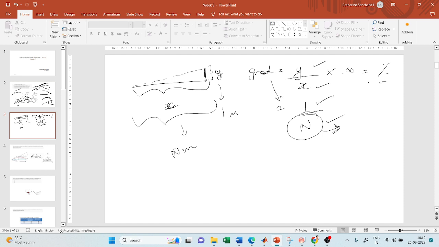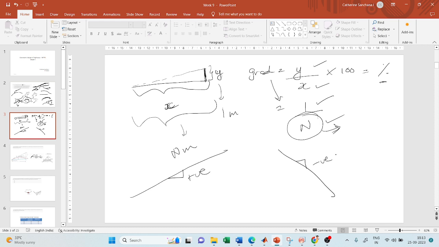Now, this is how a gradient is expressed, and I told you that a rising gradient will have a positive value, and a falling gradient will have a negative value.